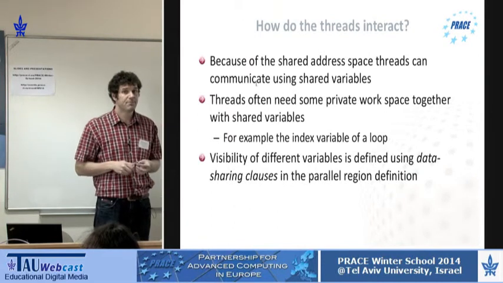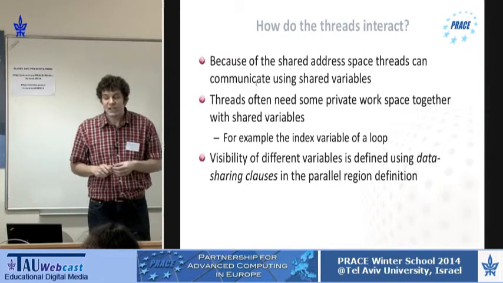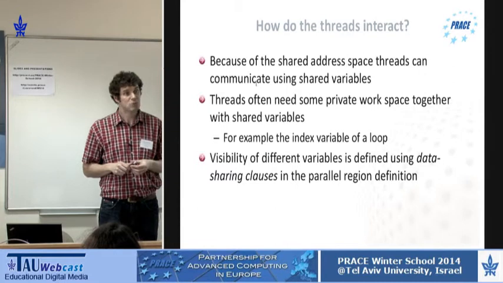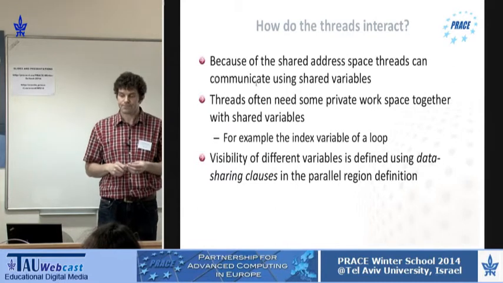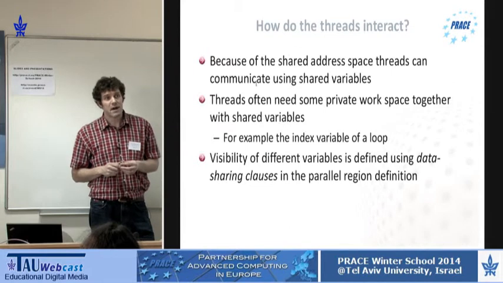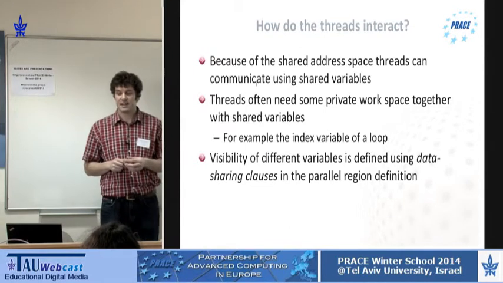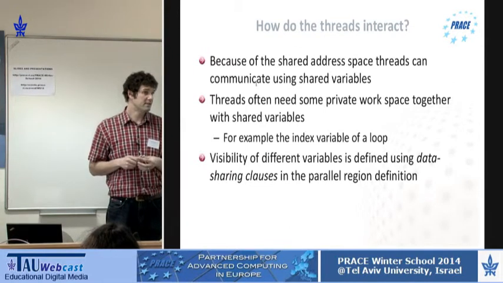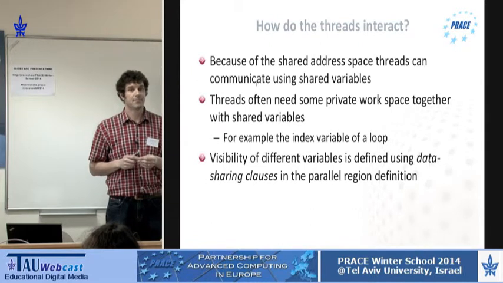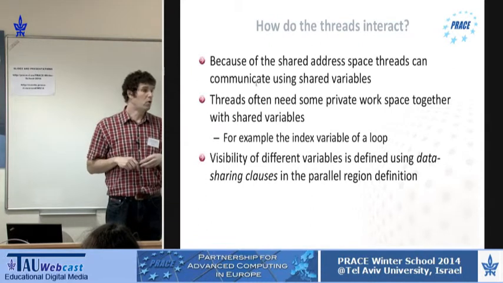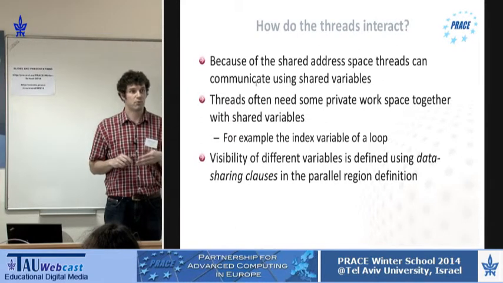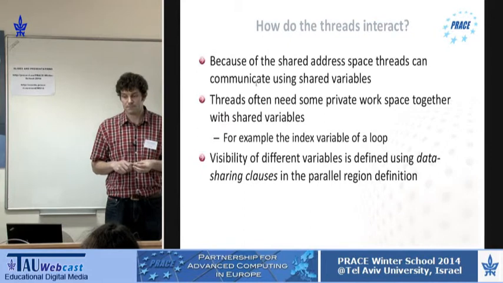As the threads share the address space, the way to communicate is using shared variables. However, there are many cases where, within the parallel region, they still need some private workspace. They want to update some value, and if all the threads just updated the same variable, that would make the program work incorrectly.